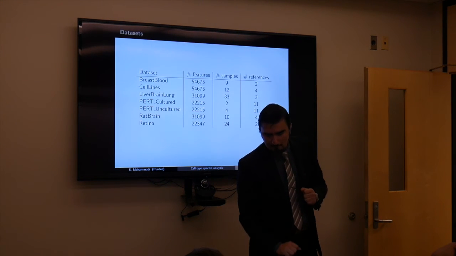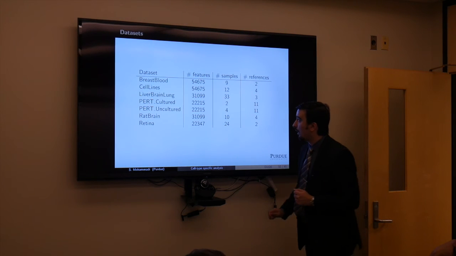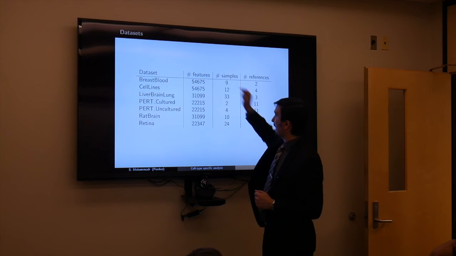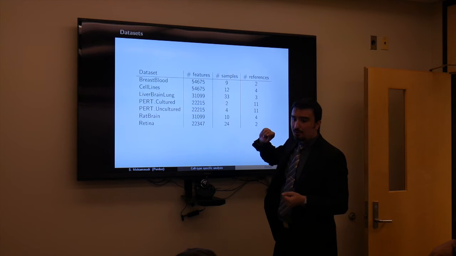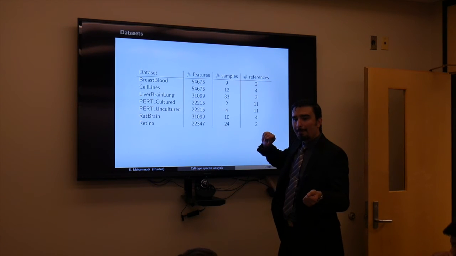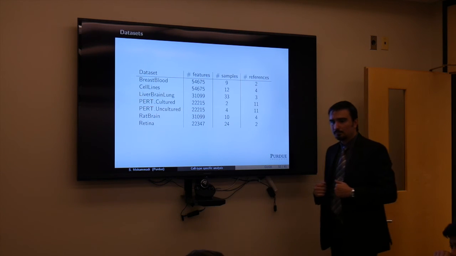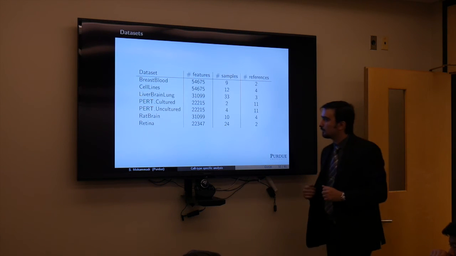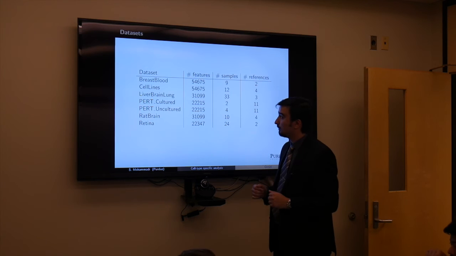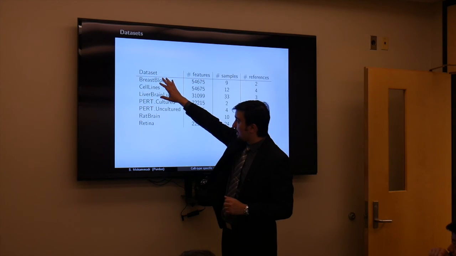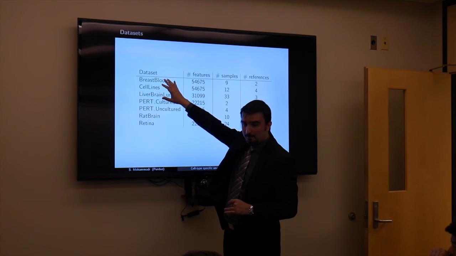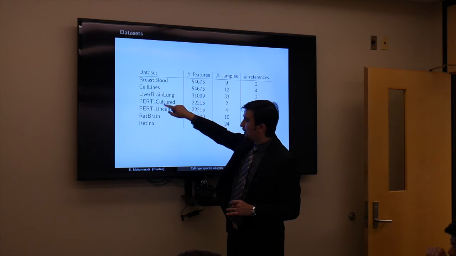And do you have independent replicas of any of these data sets? Number of samples are replicas of what you have, right? I'm saying like, blood was collected by some group at MIT. Did that group collect that a week later? These two are independent.